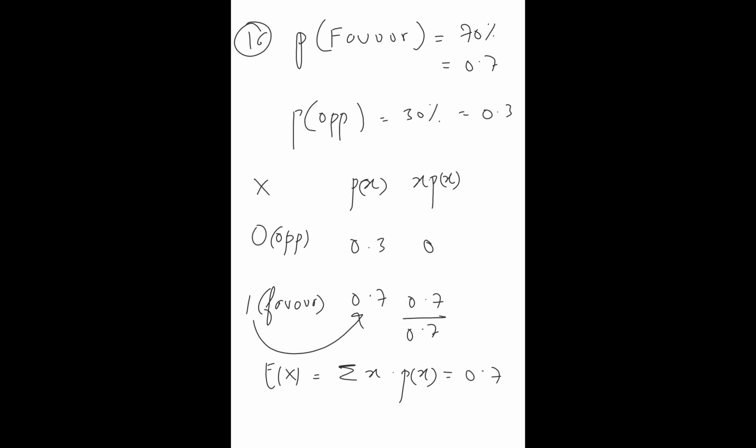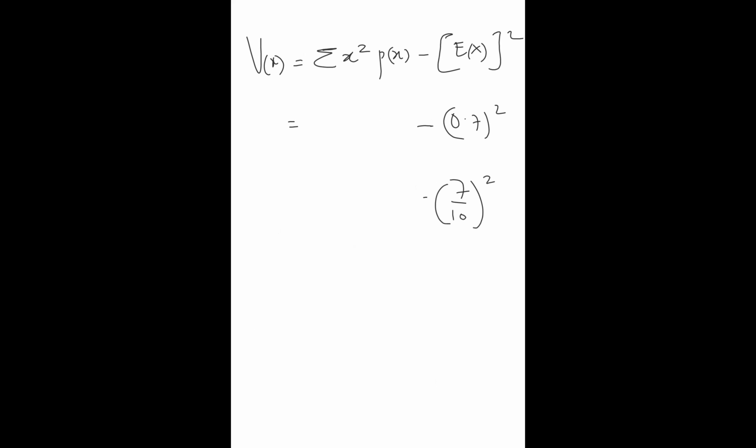Okay. Now they are also asking for the variance. Variance of X is equal to summation X square P of X minus E of X the whole square, right? E of X, we got it as 0.7, the whole square. I'll just write it as 7 upon 10 the whole square.